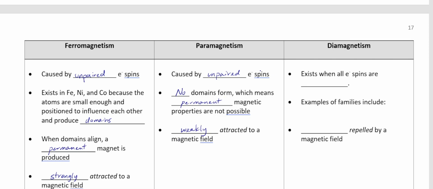Now, when a substance has all paired electrons, we call that substance diamagnetic. Examples of families include the noble gases and the alkaline earth metals. They are weakly repelled by a magnetic field.